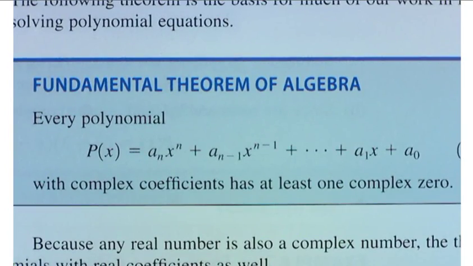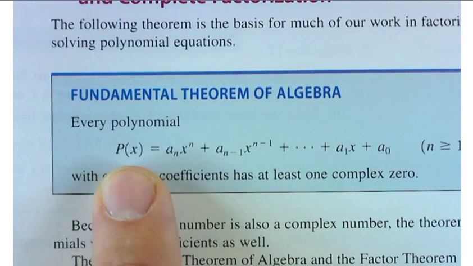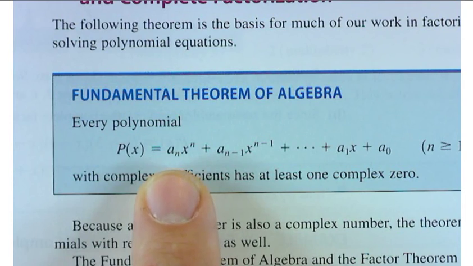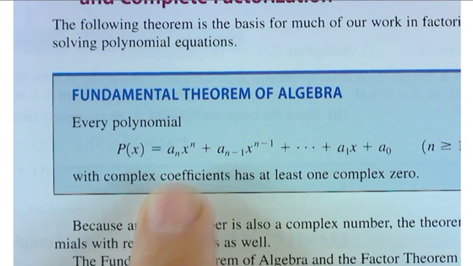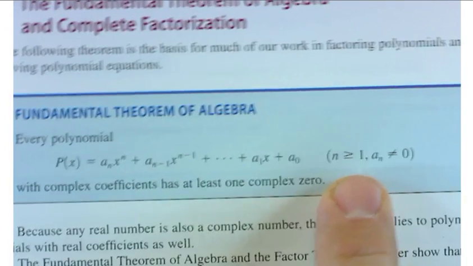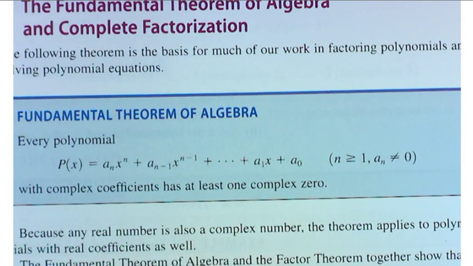All right, so here's the fundamental theorem of algebra. It says that each of these polynomials with complex coefficients, or real coefficients, because real coefficients are a special case, has at least one complex 0. At least one number that's going to make that equal to 0.